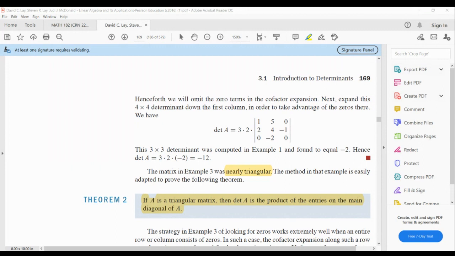How long do you think it would take if you had a computer that performs 1 trillion multiplications per second? That's a fast computer, right? How long would it take the computer to compute a 25 by 25 determinant?